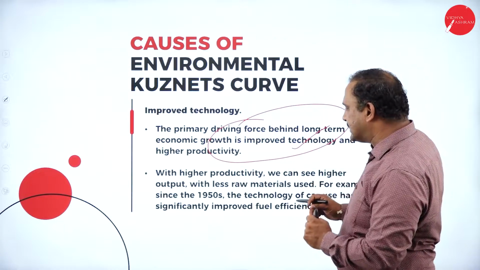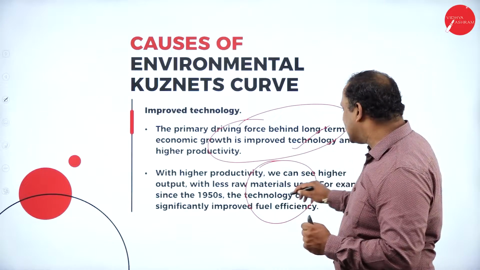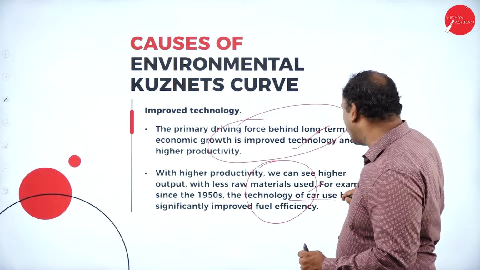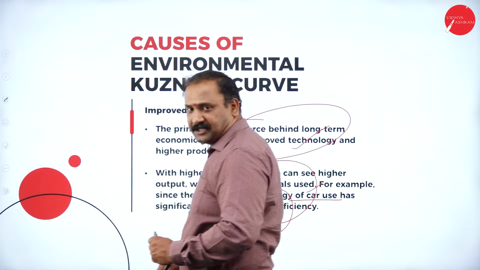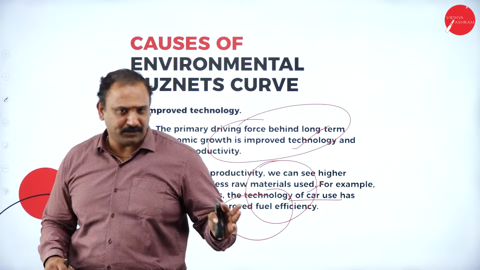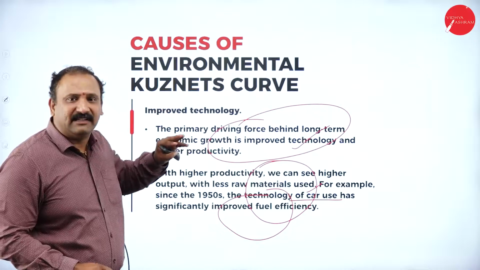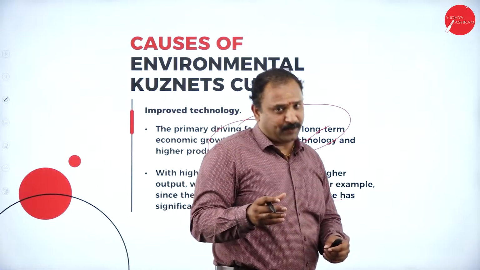Now, the second thing is that with higher productivity, we can see higher output with fewer raw materials used. So, for example, since the 1950s, the technology of cars has significantly improved fuel efficiency, no doubt about it. So what we are trying to say here is that improved technology itself is one of the propellants towards the environmental condition that we are living in.